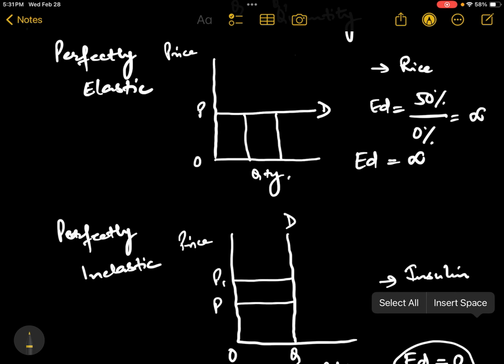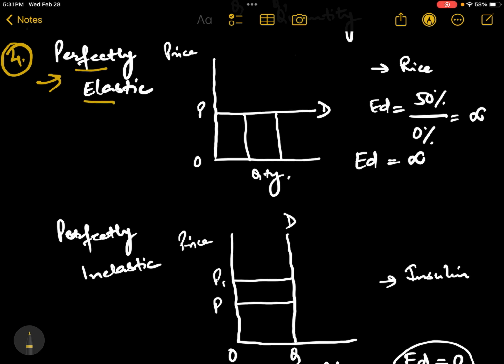Now let's discuss the fourth case where we are going to learn about perfectly elastic demand curve. Now in case of perfectly elastic demand curve, you have a horizontal demand curve. Horizontal demand curve is showing us that the firm cannot change the price at all. Even if they change the price a little bit, the whole demand can shift to another product.